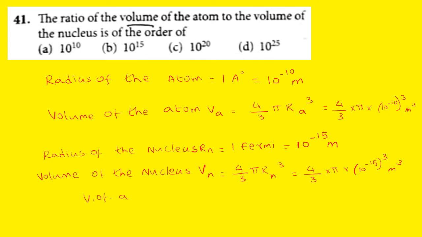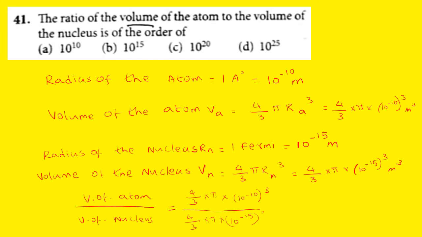So volume of atom divided by volume of nucleus, which is given by 4 by 3 times pi into 10 power minus 10 cube divided by 4 by 3 times pi into 10 power minus 15 the whole cube.